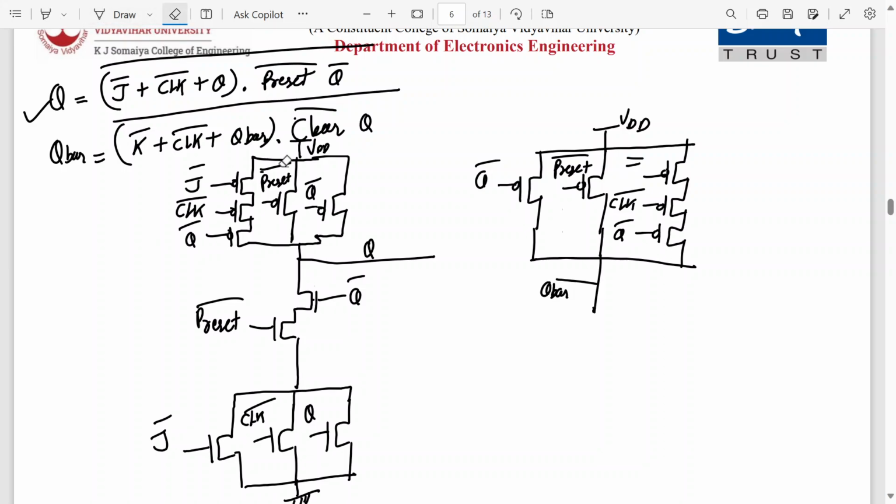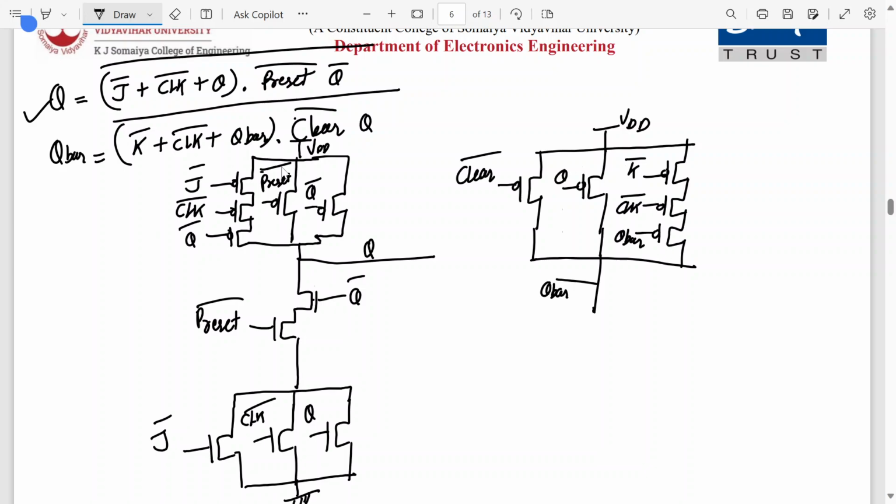Oh, sorry, I think I was writing the other case. You have to write the first case, right? Second wala. Yes. This will be clear bar. This will be Q, right? This will be K bar, clock bar, and Q bar. Now it's fine. And this output will be Q bar.